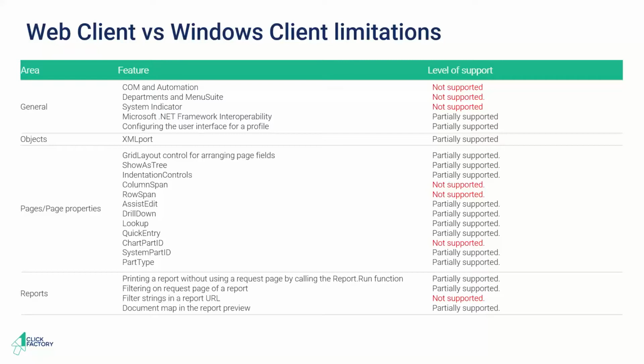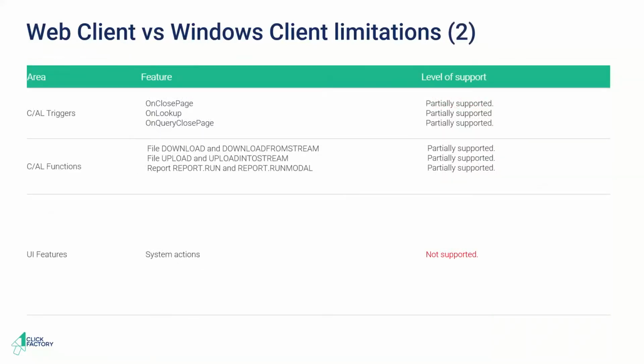So you see there are quite a few limitations that are not supported, and others partially supported, but they don't bring the same functionality as before. The list is not very big, but it gives user experience bugs if you want to do these searches.